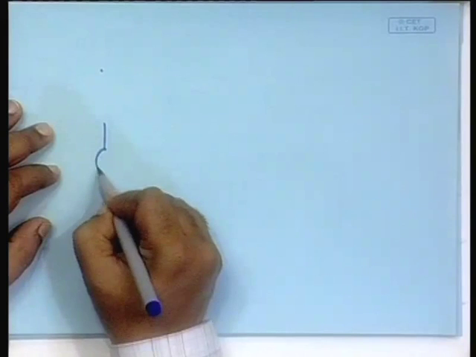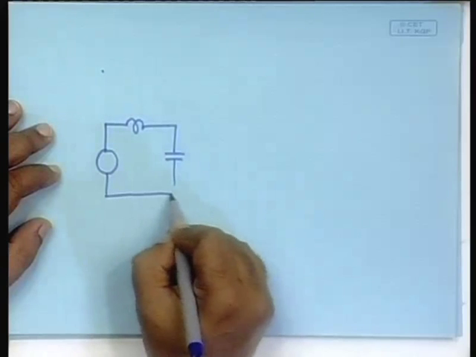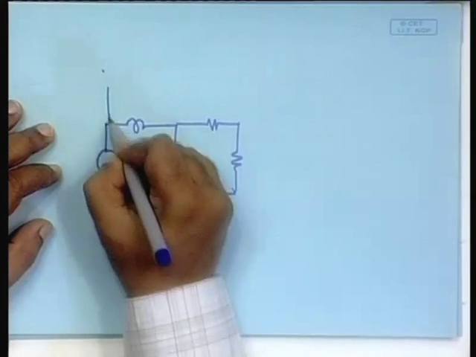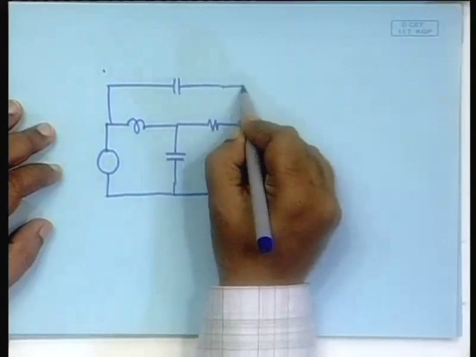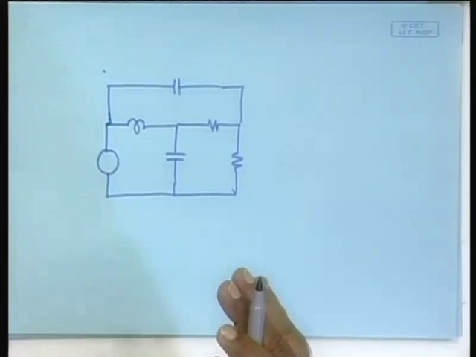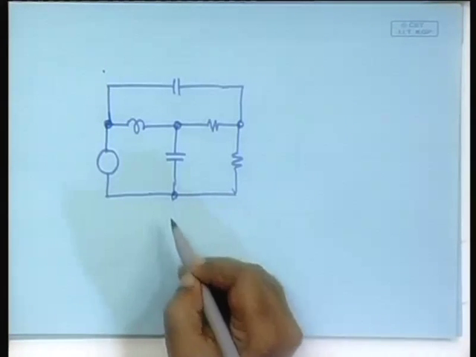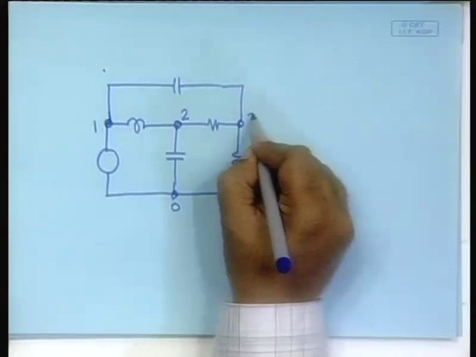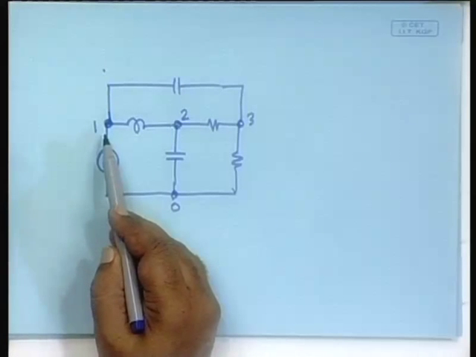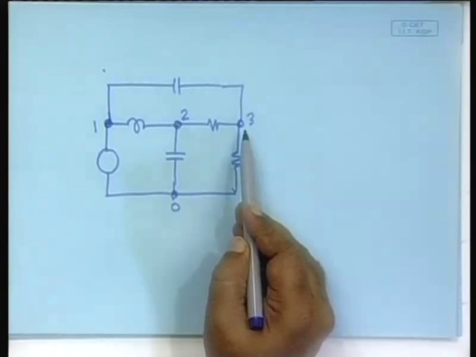In Kirchhoff's current law, you have to identify the nodes 1, 2, 3, 0, and then the currents that either enter or exit each of these nodes sum to 0.